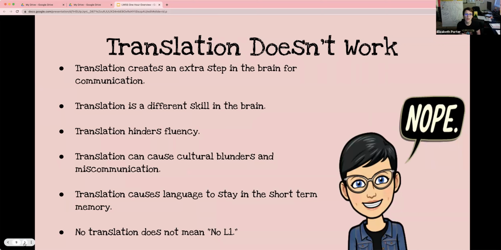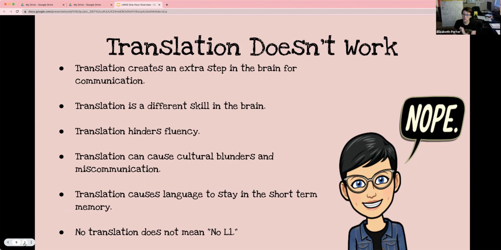Okay, so translation doesn't work. It creates an extra step in the brain. If you have to think about what you're going to say, that does not promote fluency. Now, there is a place for translation if you're going to be a translator. You know, I have a friend in France who is a translator in English, Spanish, French, and Portuguese.